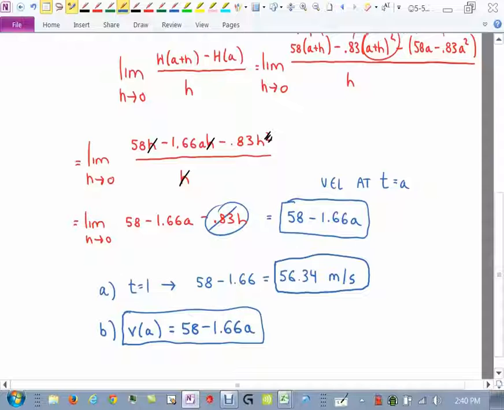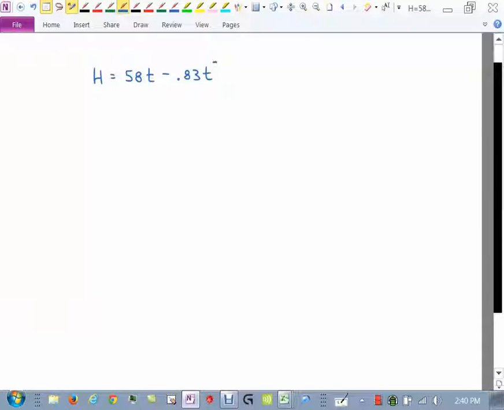Well, that requires no calculus at all, because our position was given by this. I forgot the t there. This is the position of the arrow. Then we want to know when the height of this is 0, right?